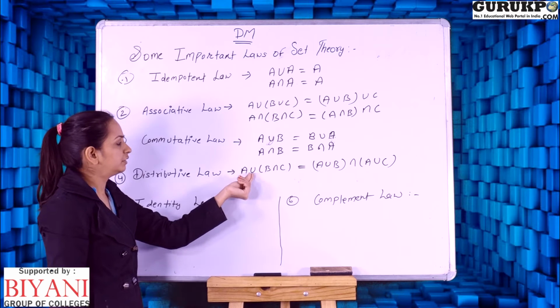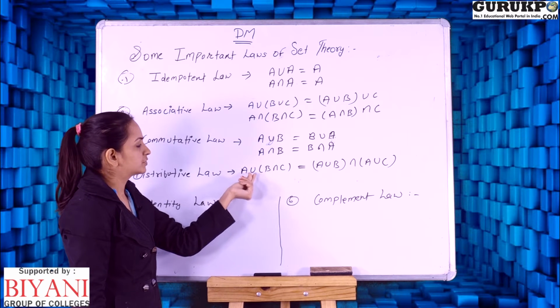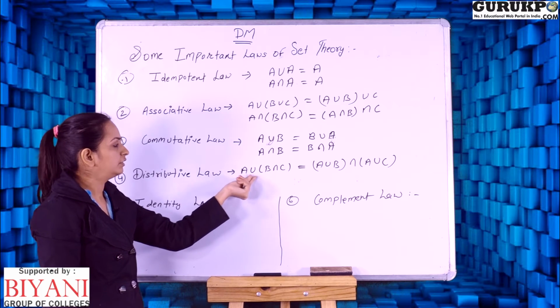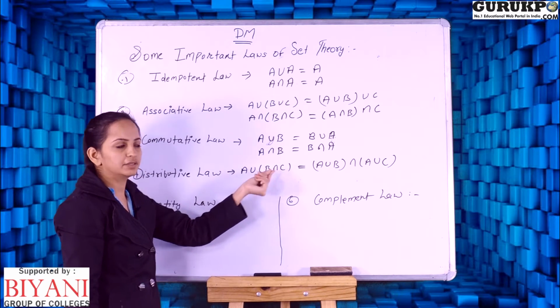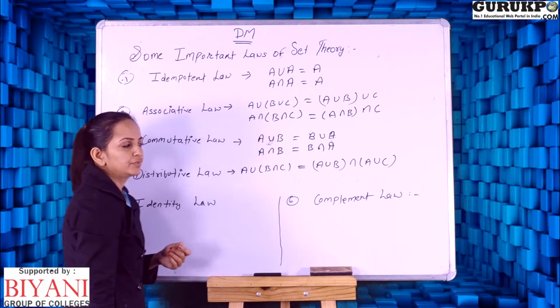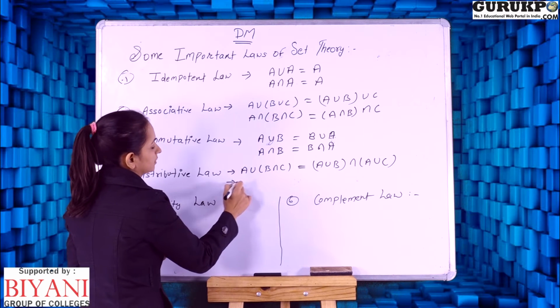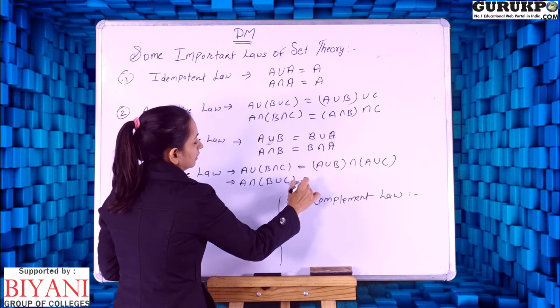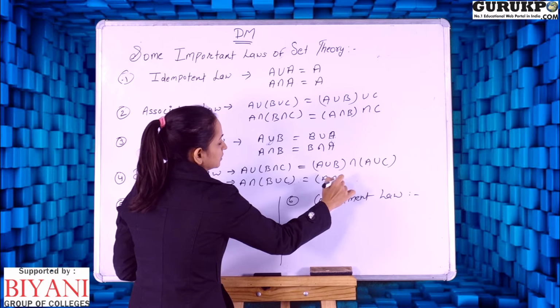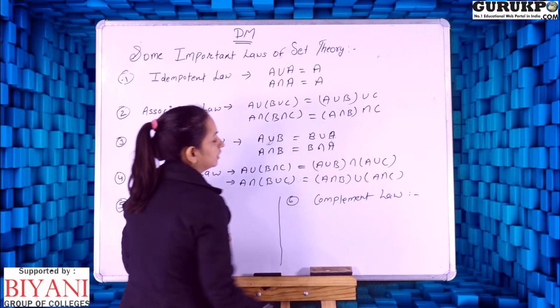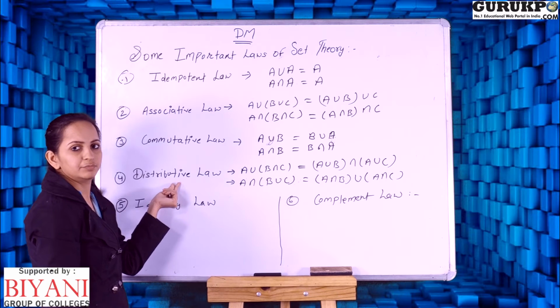Means I am distributing the union operation between B and C. So A union (B intersection C) is equivalent to (A union B) intersection (A union C). The same I can apply on the intersection: A intersection (B union C) will be equal to (A intersection B) union (A intersection C). So this law is called the distributive law.